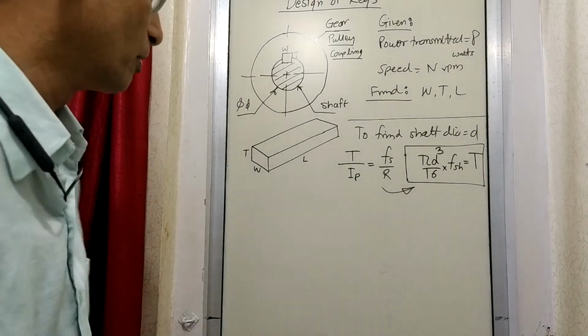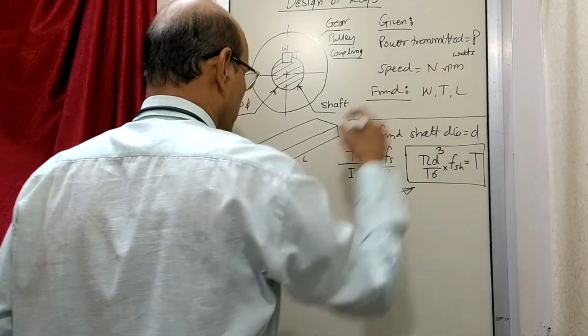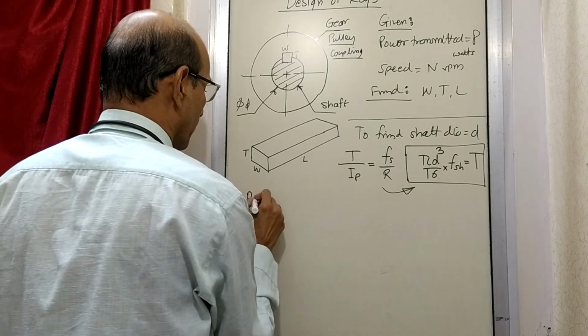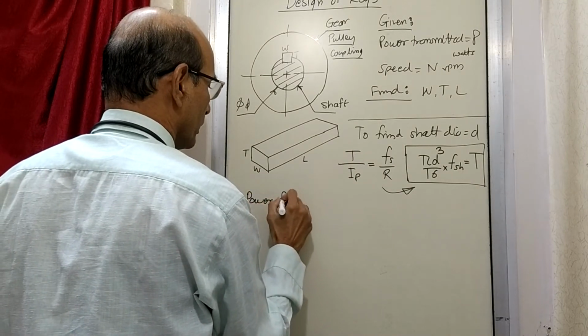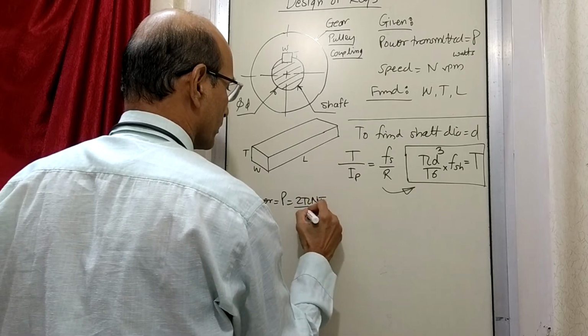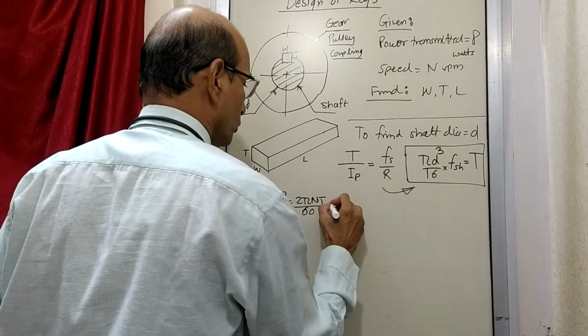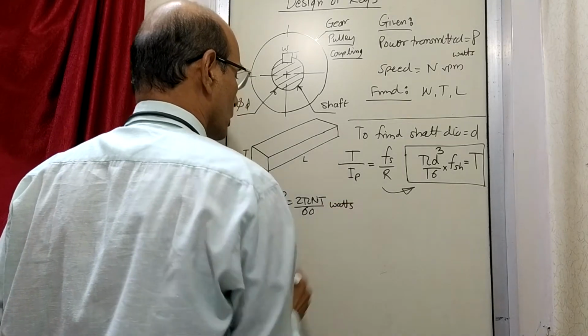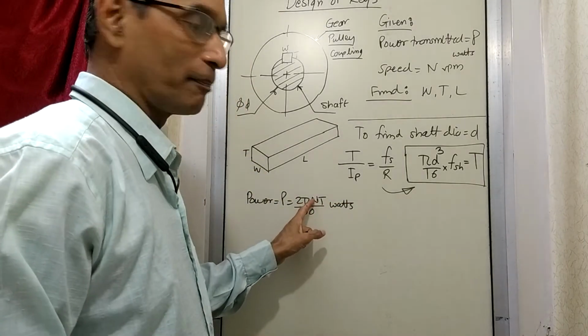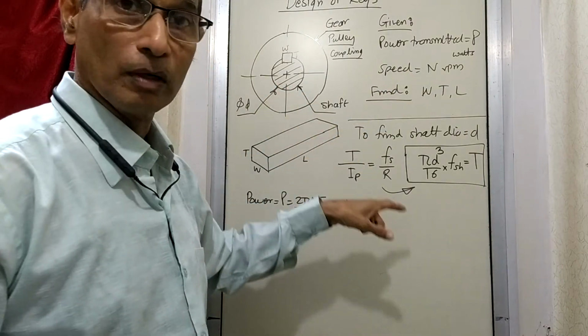Now in our case, we are given power and speed, so we know that power in watts is equal to 2 pi N T by 60, where N is the speed in RPM and T is the torque on the system in Newton meters.